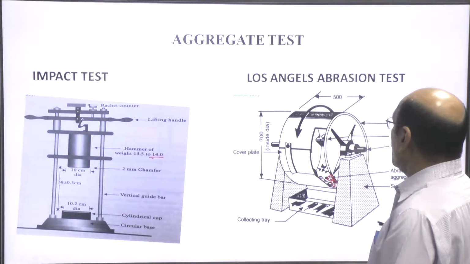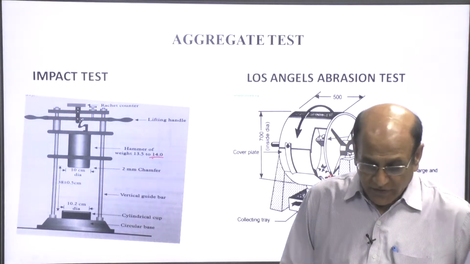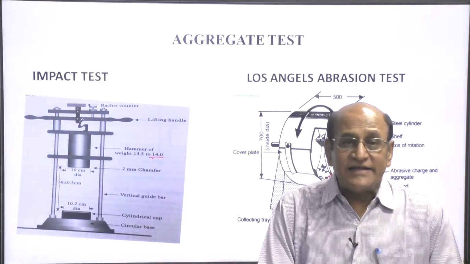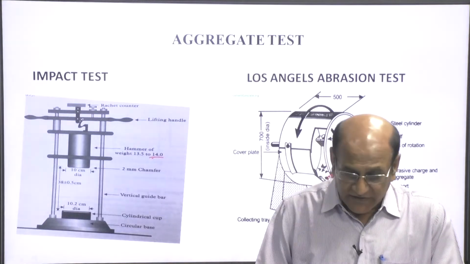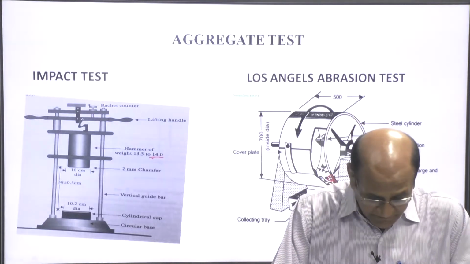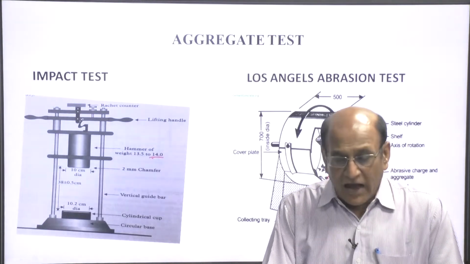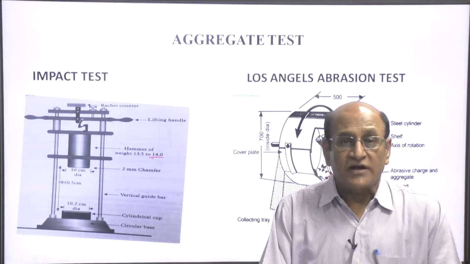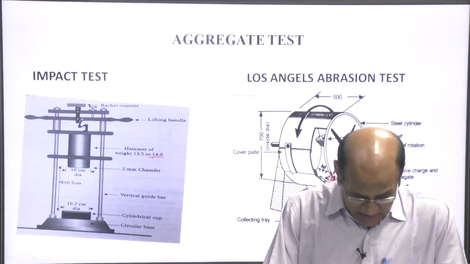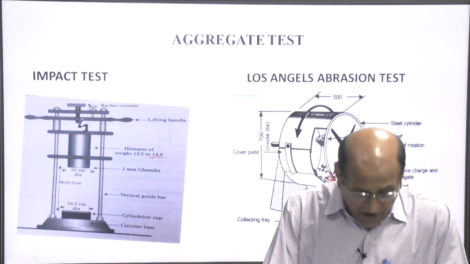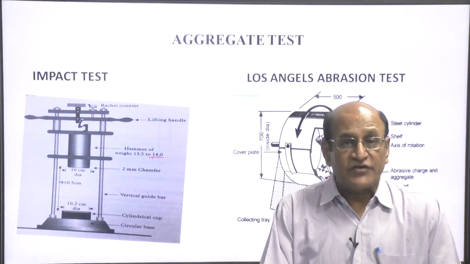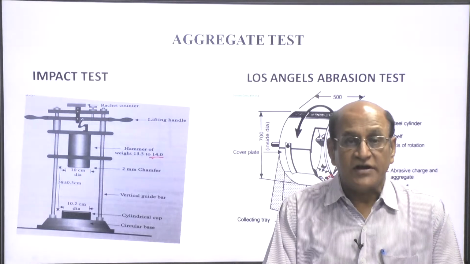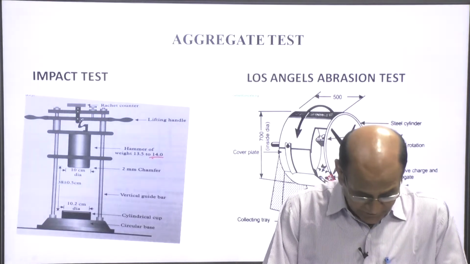This is the axis of rotation. So, 5 to 10 kg samples are kept in the cylinder, and then this is rotated at the rate of 30 to 33 rpm, and 500 to 1000 revolutions are made for our tests depending on the conditions imposed.